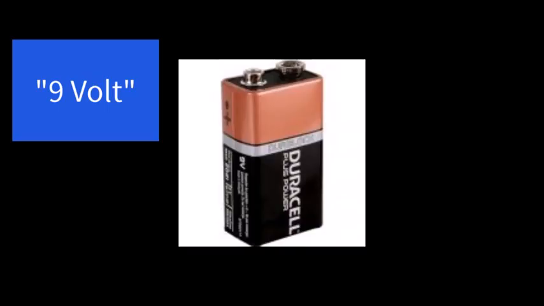On a D cell, a C cell, AA, AAA, you've got a positive on one end and a negative on the other, with a plus and minus symbol to tell you which one's which. We're going to power devices using a 9-volt battery, like a smoke detector, an infrared thermometer, and some remote control robot controllers use 9-volt batteries.